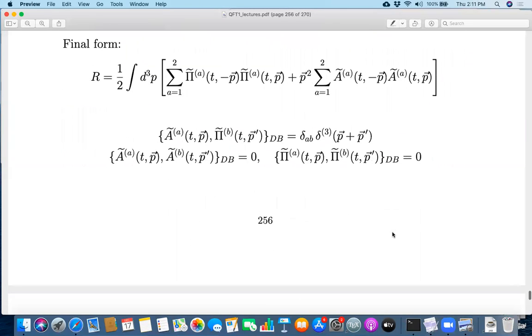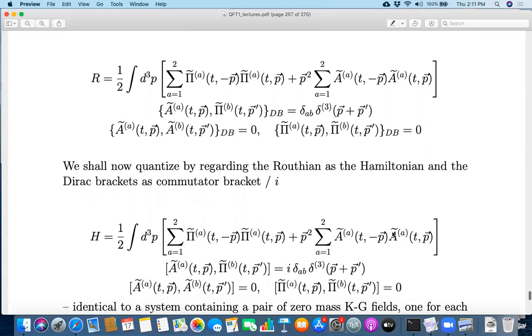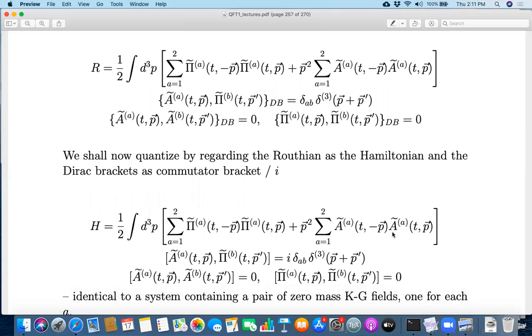Okay, are there questions? Is this clear so far? If there are no questions, let me proceed. So here are the same equations: the Routhian, then the Dirac bracket of A tilde a and pi tilde b, and the Dirac brackets of A tilde with A tilde and pi tilde with pi tilde.